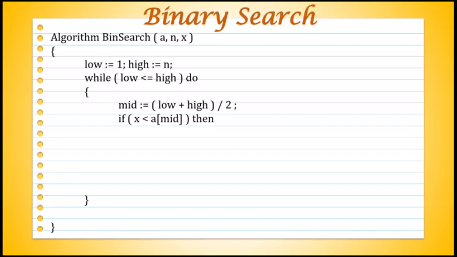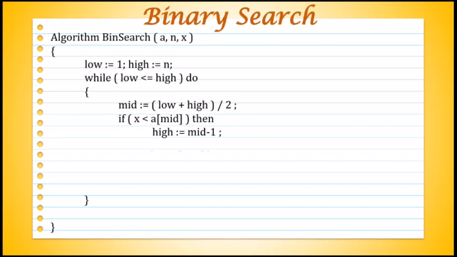Then we will check whether the searching element is less than the middle value, and if this condition is true, then we will decrease the value of high, that is mid minus 1. That means suppose x is less than the middle value, so obviously our searching element may be present below the middle value. That's why we are changing the position of high, that is mid minus 1.